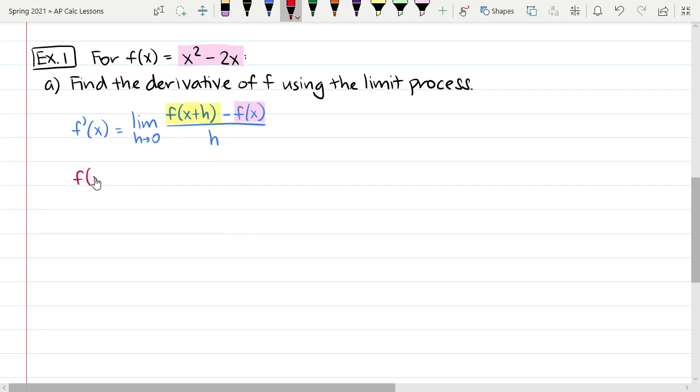So f of x plus h, I'm going to do this work off on the side. So f of x plus h means in f of x, where we would normally have an x being squared and then a 2 times an x, I'm going to replace those with my x plus h.